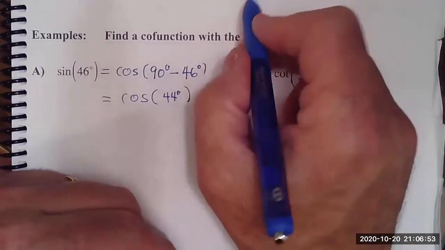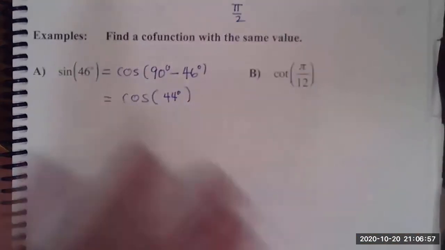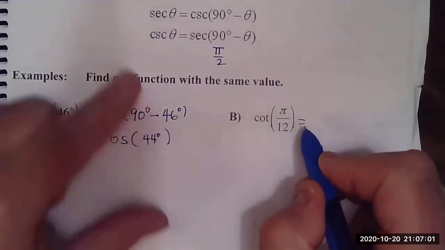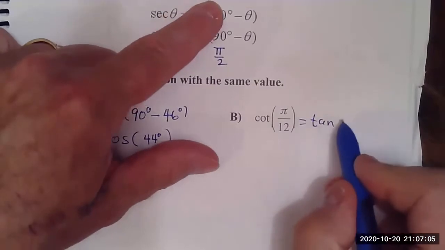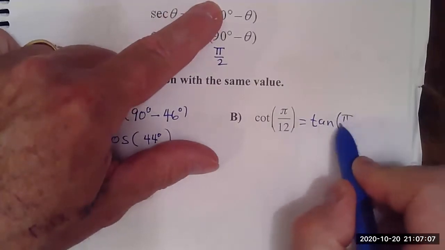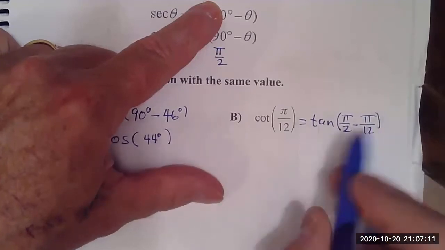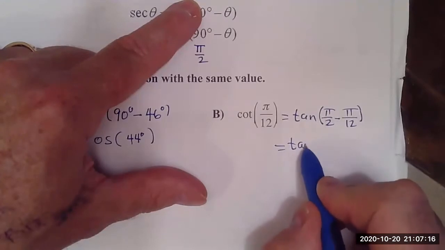Got to make this into, what would this be? Pi over 2. 90 degrees is the same as pi over 2. So cotangent, right here, cotangent is the same as tangent. Instead of 90 degrees, we're going to go pi over 2, subtract pi over 12. And here you got to get a common denominator, fraction work. Looks like 12.